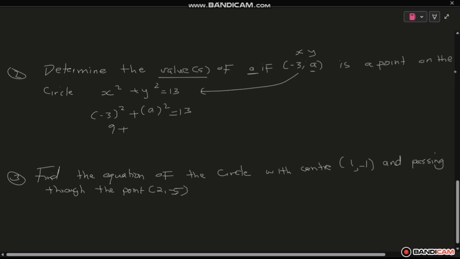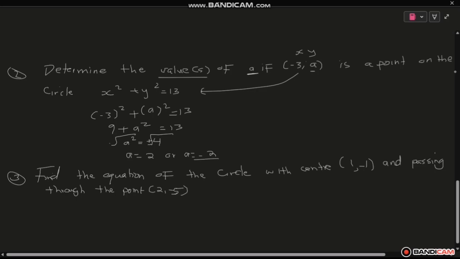Therefore, we have 9 plus a squared equals 13. Therefore, a squared equal to 13 minus 9. That's 4. Then you square root both sides, and you're going to have plus or minus, a equal to 2 or a equals negative 2.